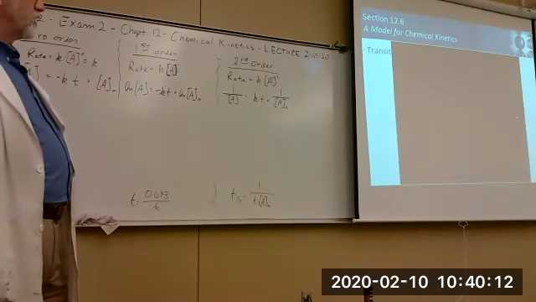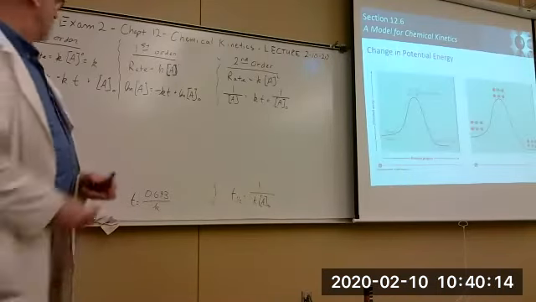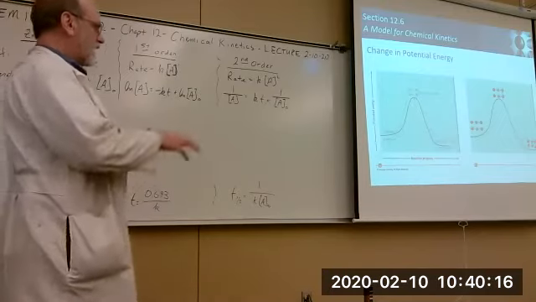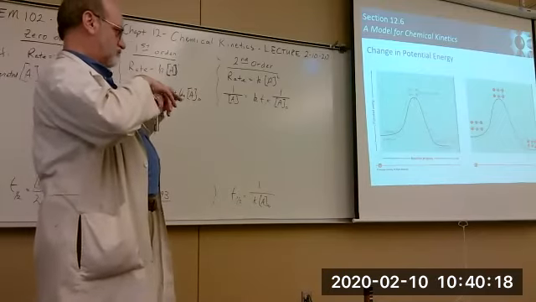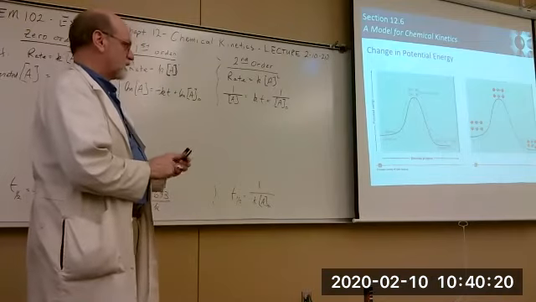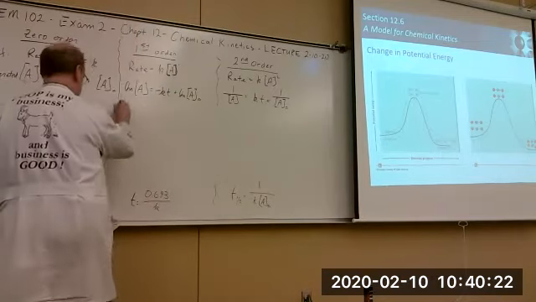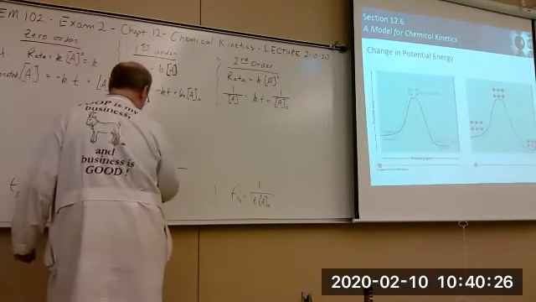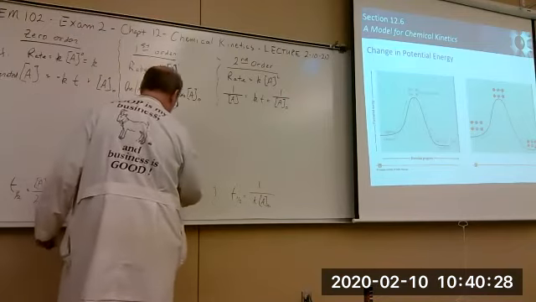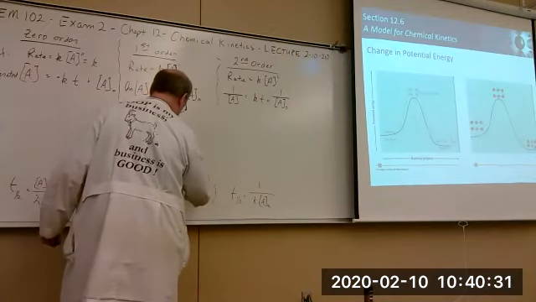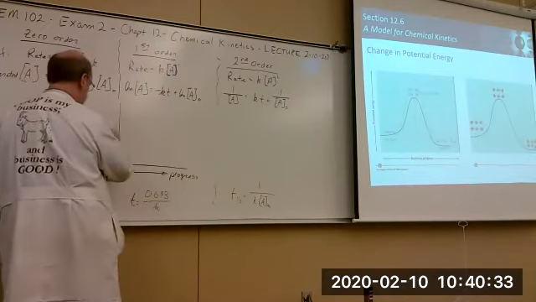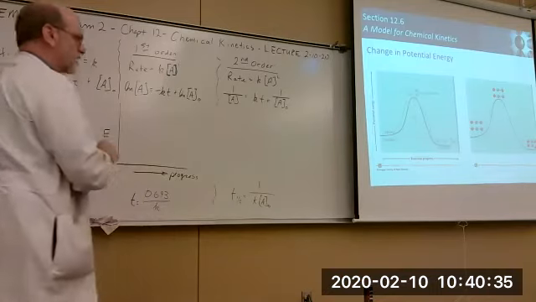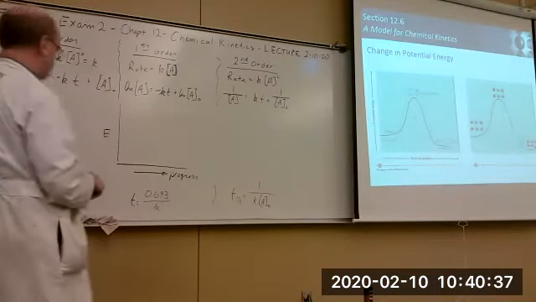Okay, so I know this one's not going to work. So what we have, in graphic terms, is what we call reaction progress. So the progress of the reaction in this direction, and the energy of the components is in this direction.